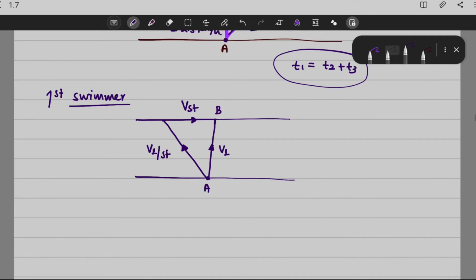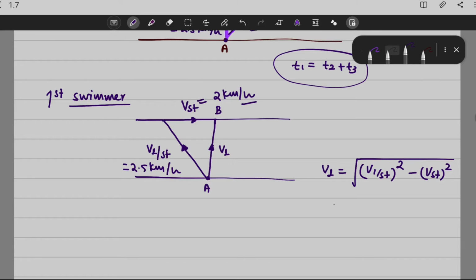This is 2.5 kilometer per hour, and this is 2 kilometer per hour. So from the triangle we can say that v1 is equal to the square root of v1st squared minus vst squared. So what is this value? Square root of 2.5 squared minus 2 squared. So we get 1.5 kilometer per hour.